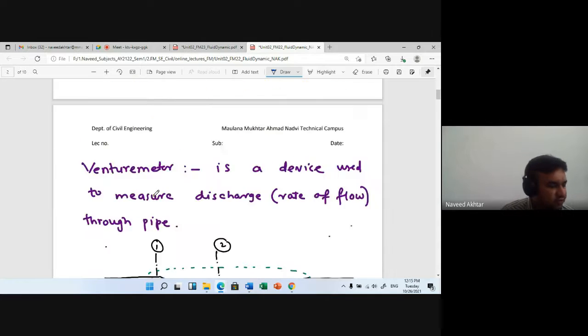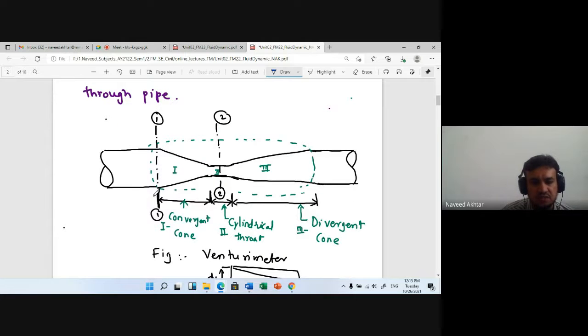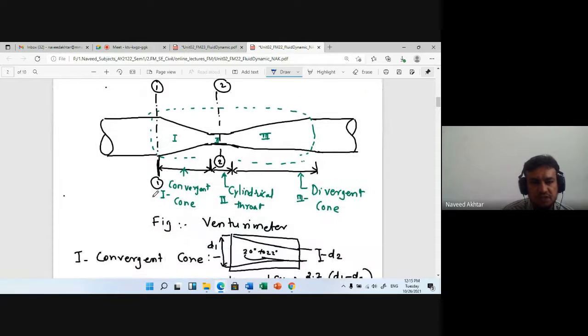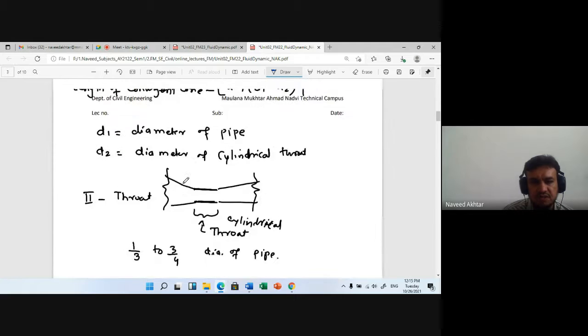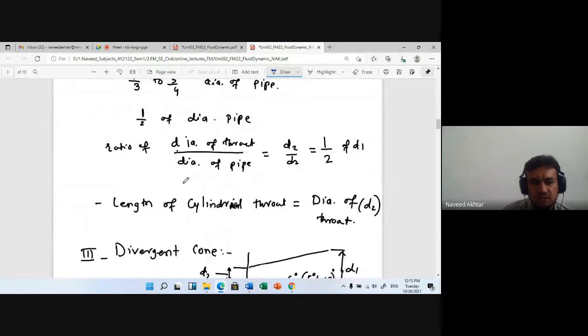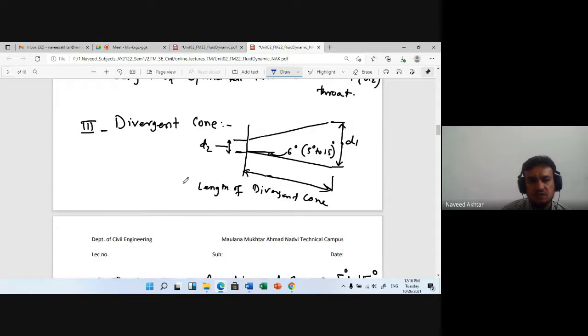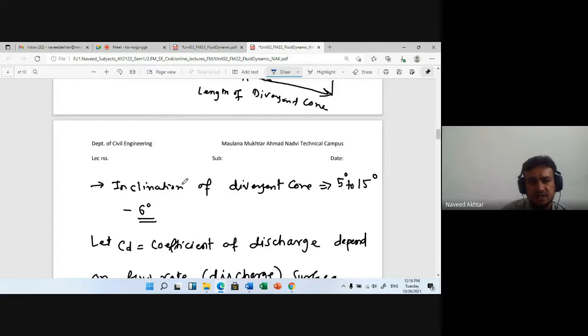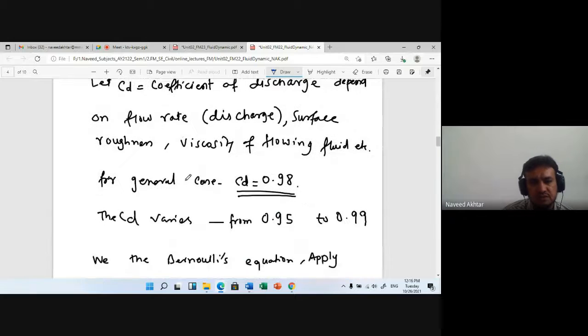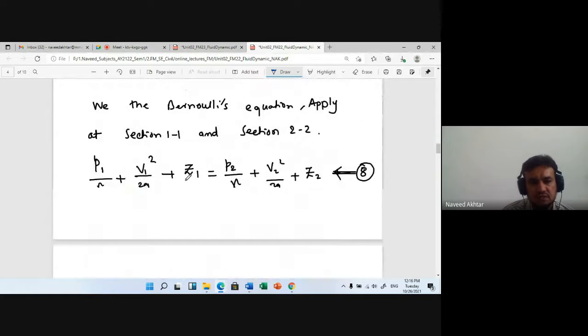Yesterday we derived the equation for the discharge for the venturimeter. In its construction there are three parts: the convergent cone, the cylindrical throat and the divergent cone. In detail we discussed how to decide the diameter and length of the throat, and also the length and inclination of the convergent and divergent cones.